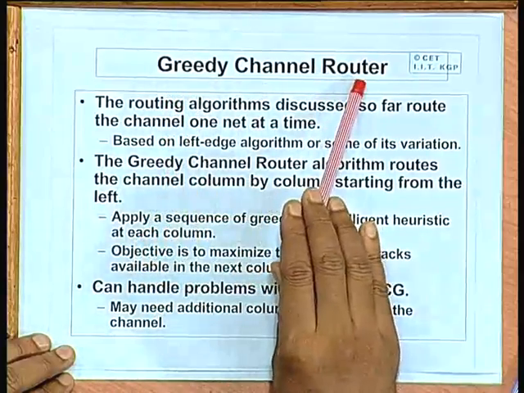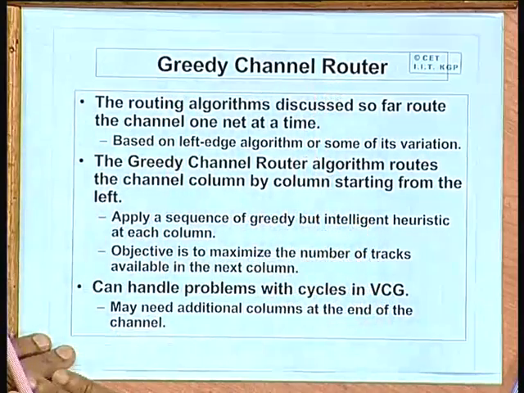But the algorithm we would be considering now, namely the greedy channel router, will not be looking at the whole problem at a time. This is the main difference of the greedy channel router as compared to the algorithms that we have seen so far.